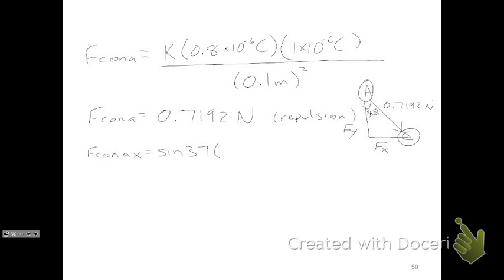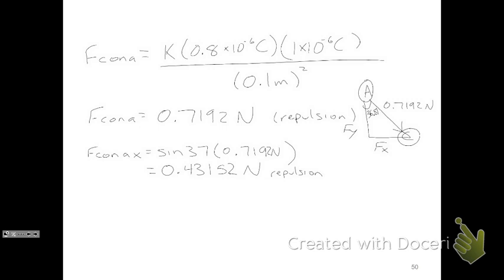Sine of 37 multiplied by 0.7192 newtons, which is equal to 0.43 newtons. And again, A and C are both positive, so this will be repulsion, right? Okay, so that is in the horizontal.